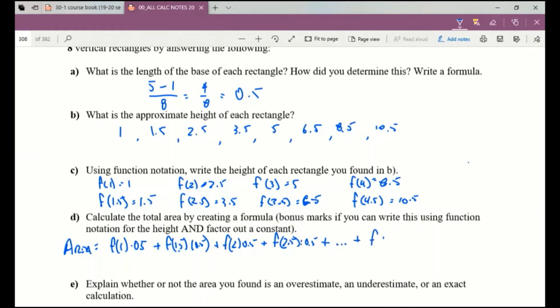We could probably just get away with, since we've shown that there's a pattern here, having each of those x values as inputs into f.